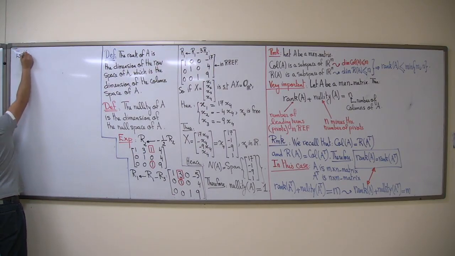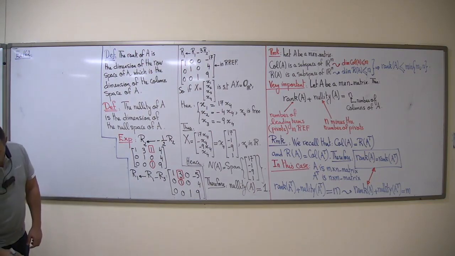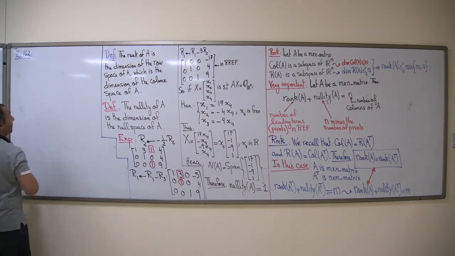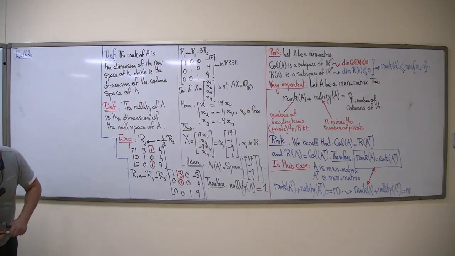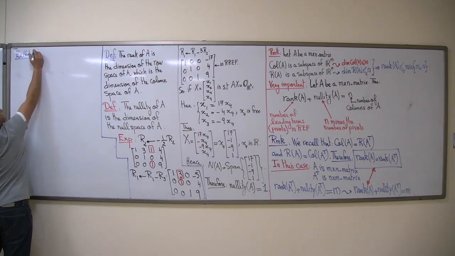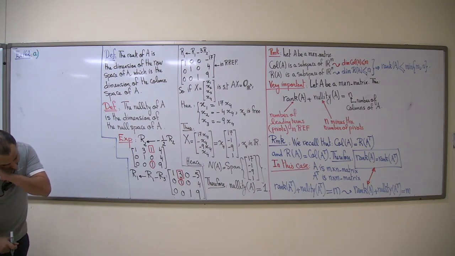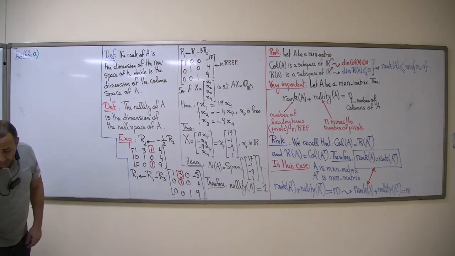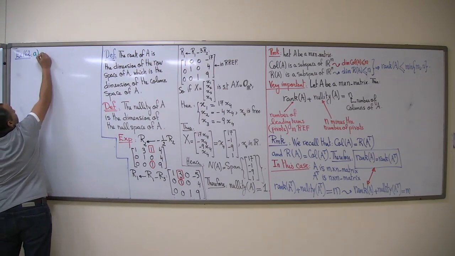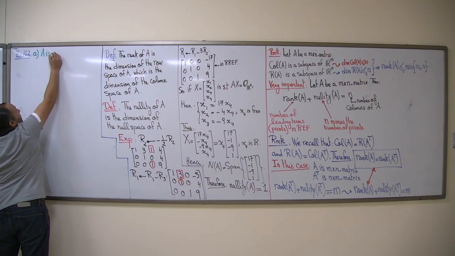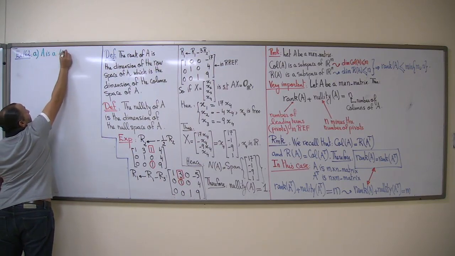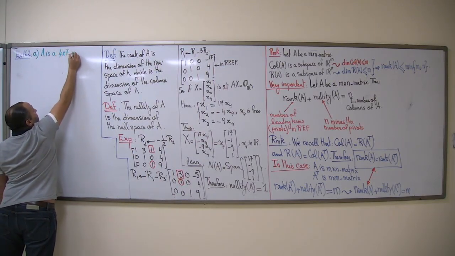Exercise 162, first part A. It is given A is a 4 by 7 matrix.